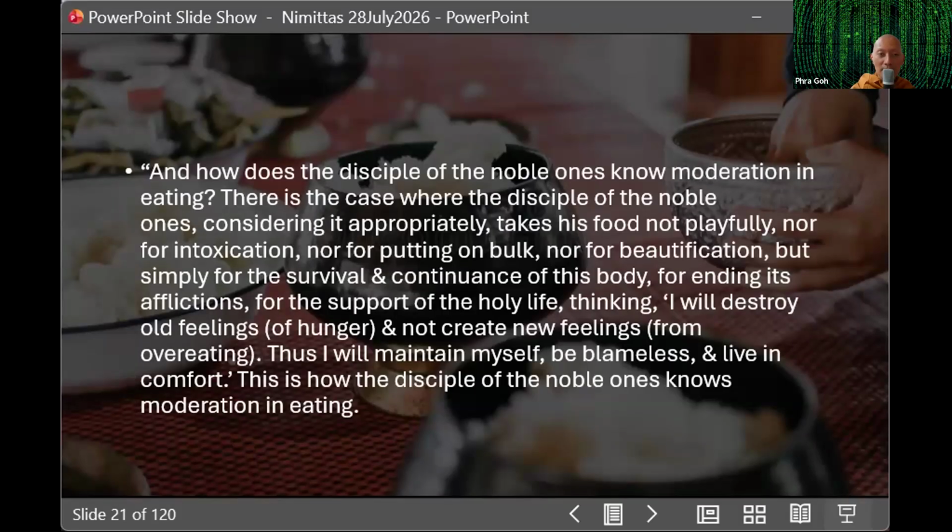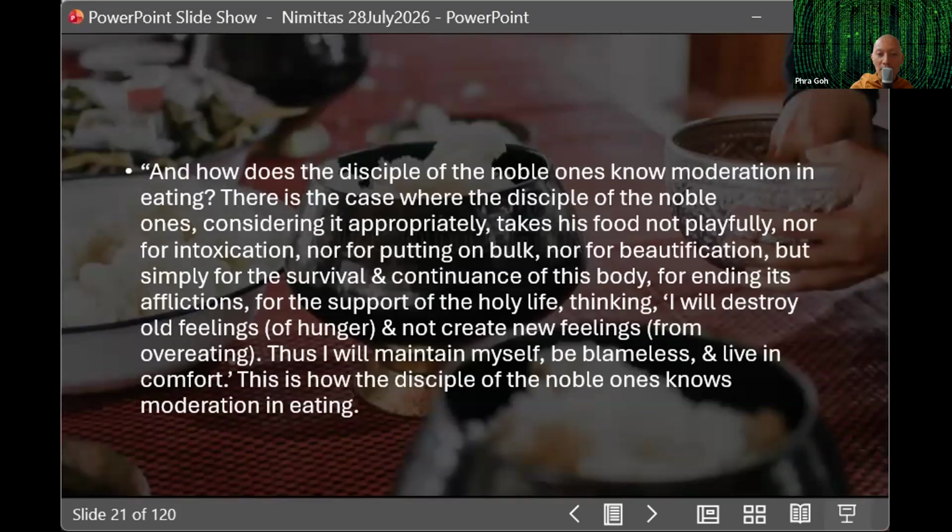Okay, and how does the disciple of the Noble Ones know moderation in eating? There is the case when the disciple of the Noble Ones, considering it appropriately, takes his food not playfully, nor for intoxication, nor for putting on bulk, nor for beautification, but simply for the survival and continuance of this body, for ending its afflictions, for the support of the holy life, thinking, I will destroy old feelings of hunger and not create new feelings from overeating.